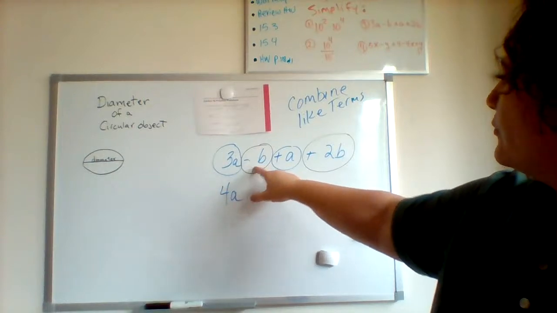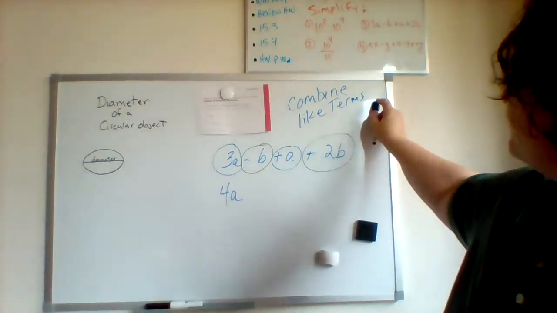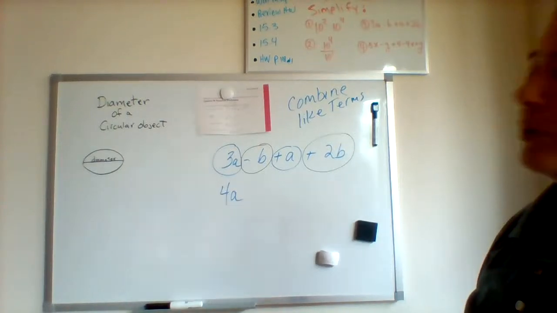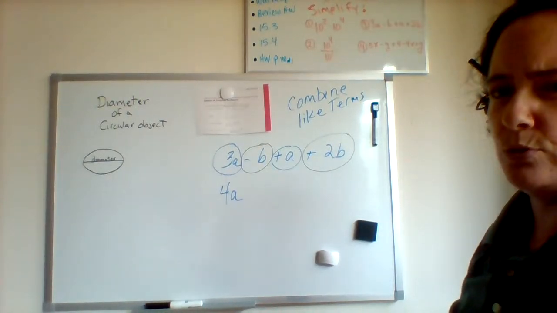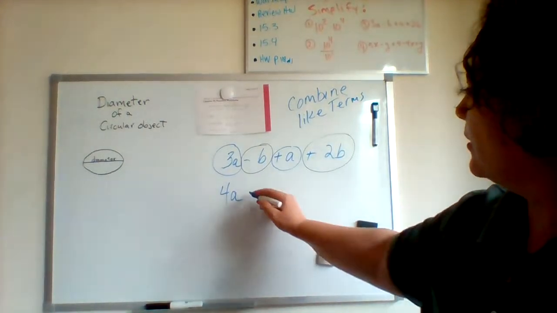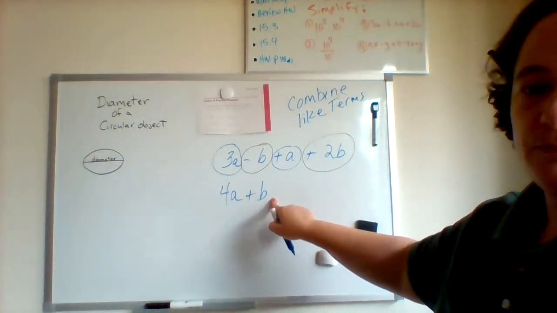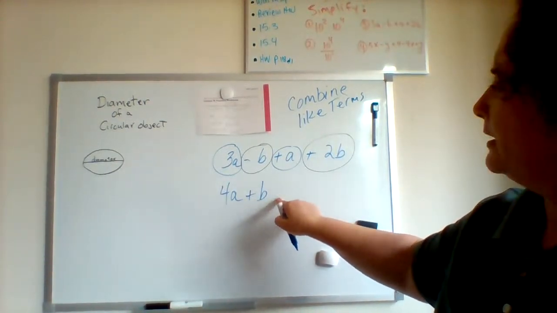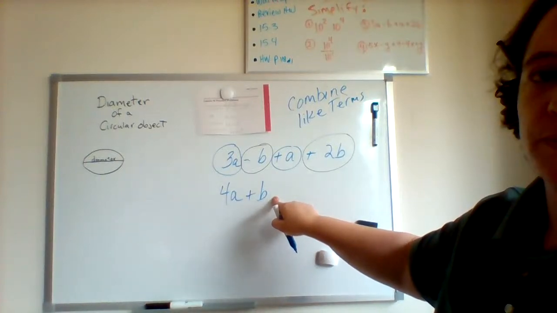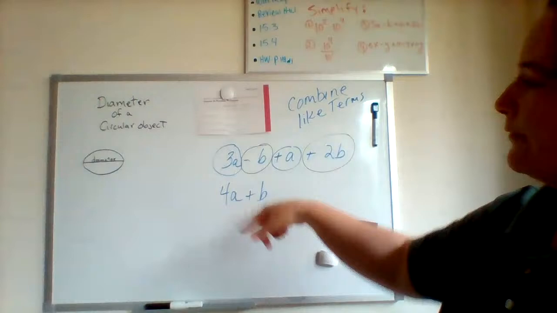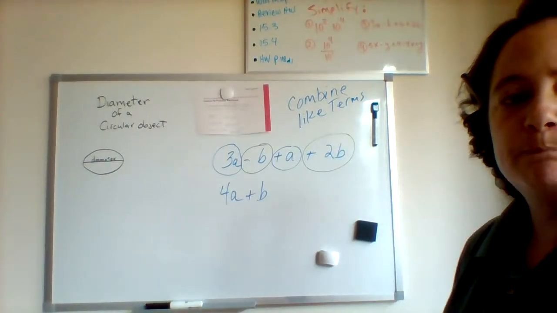So what is -1 and +2? If you combine those two, you just get a +1. So it's plus b. And this is your answer. That's simplified. This is the expression simplified. Do you have any questions on number 3?